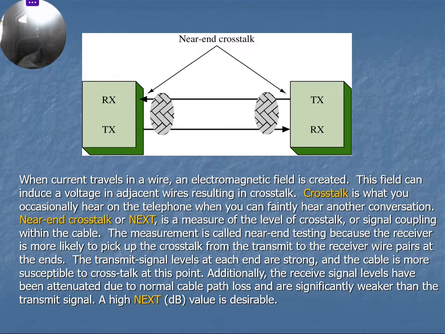This is not all the time, but occasionally, when you are talking on the phone, you begin to hear some other signal that is not the voice signal you are supposed to hear from your correspondent. When your signal has faded, or you can only faintly hear it, then you hear other things. Those things you hear are called crosstalk.